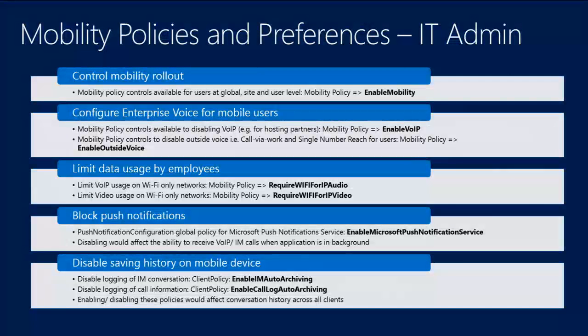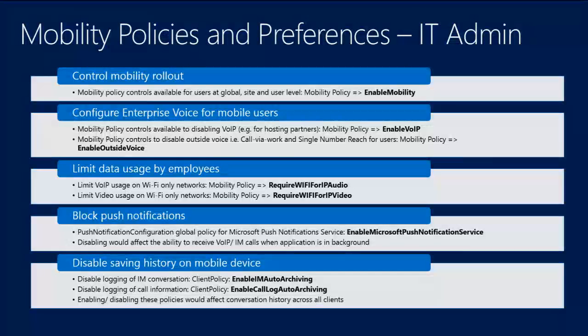So they can still be reached via that device. It just won't be a Wi-Fi based call, right? Or the scenario if I'm joining a Lync conference and again, I have the requirement where I require Wi-Fi, but I'm not in an area where I actually have Wi-Fi. Instead of joining that call via Wi-Fi or via VoIP, we can actually have the conference call you back, just like it does in the 2010 client as well.